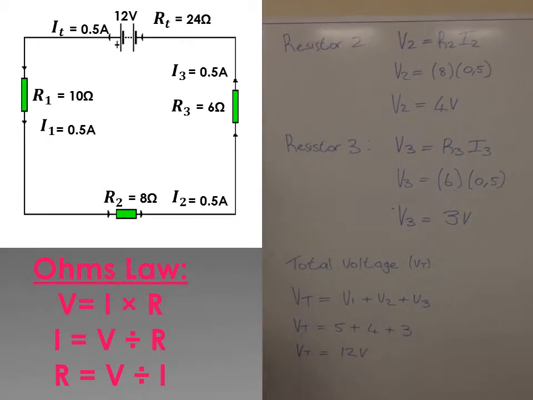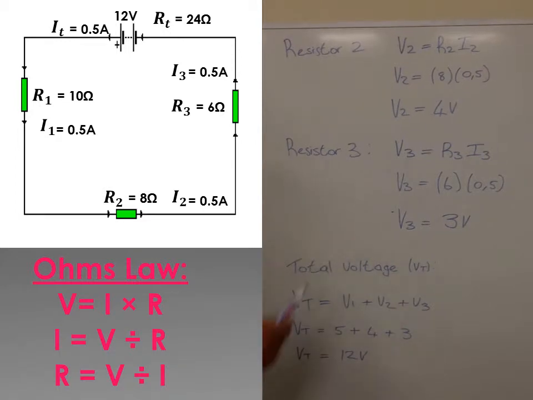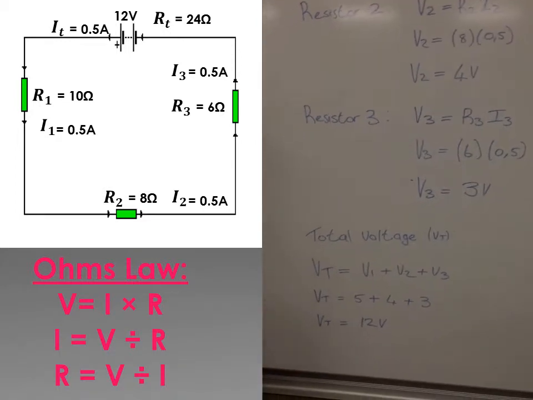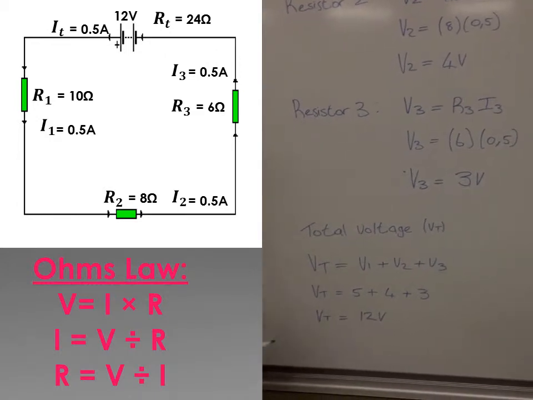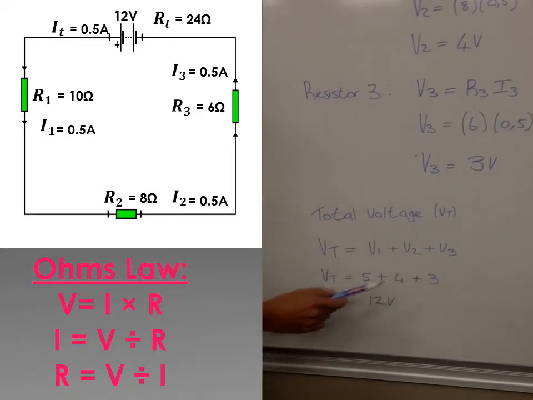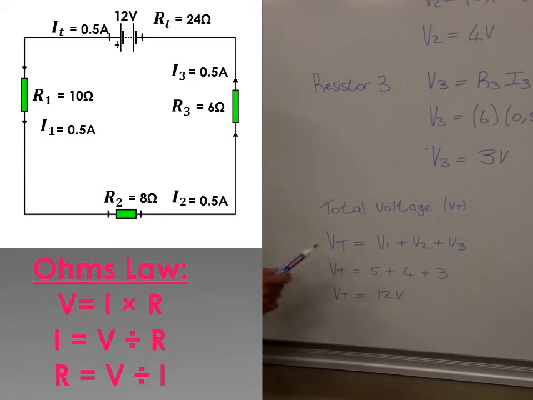Resistor 3 is done exactly the same. R3 times I3, which gives us 6 times 0.5, which gives us 3 volts. The total voltage is V1 plus V2 plus V3. As we worked out, V1 is 5, V2 is 4, and V3 is 3, which gives us 12 volts. This is the total supply voltage.